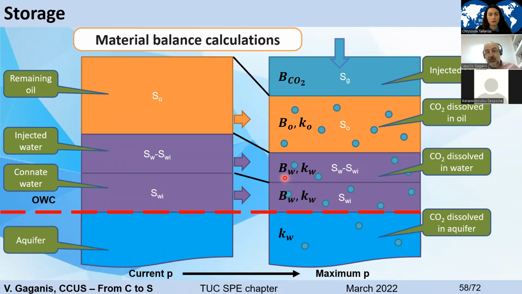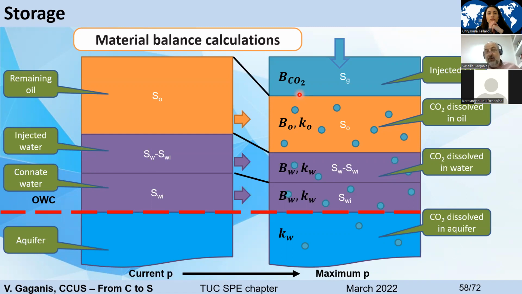Those are values which need to be known from the PVTs of the study of the reservoir. The remaining oil will shrink by BO. And the gas that will be introduced in the reservoir will be shrunk by BG of the CO2. Those values can be obtained from tables, from experience, from samples. So, simply speaking, we can get all those factors.